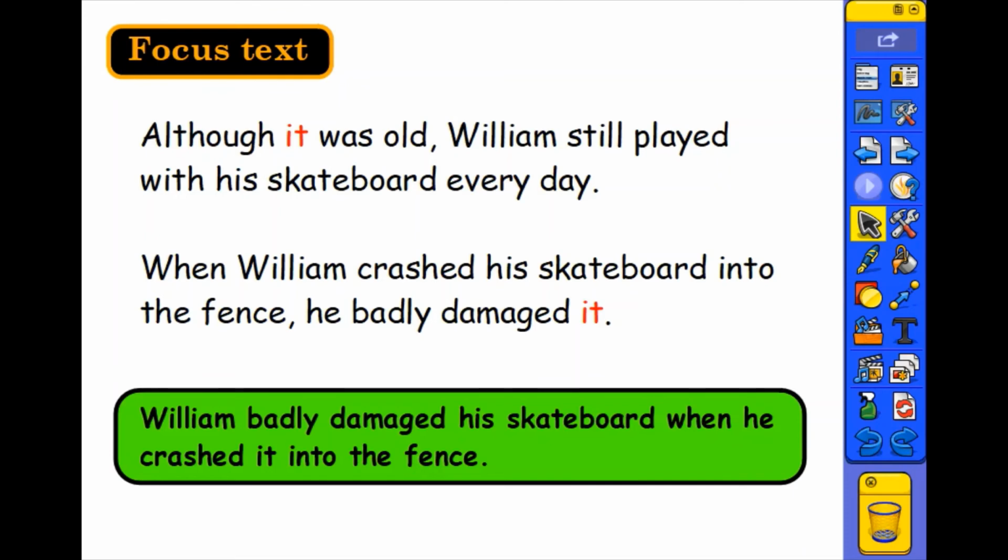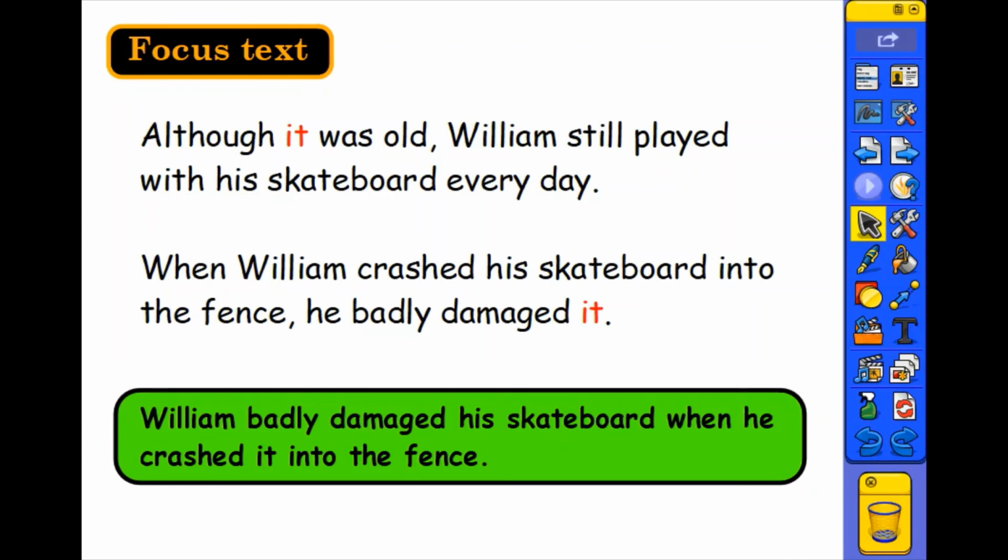William badly damaged his skateboard when he crashed it into the fence. By changing the order of it, it makes more sense. There's no ambiguity now. It has to be the skateboard.